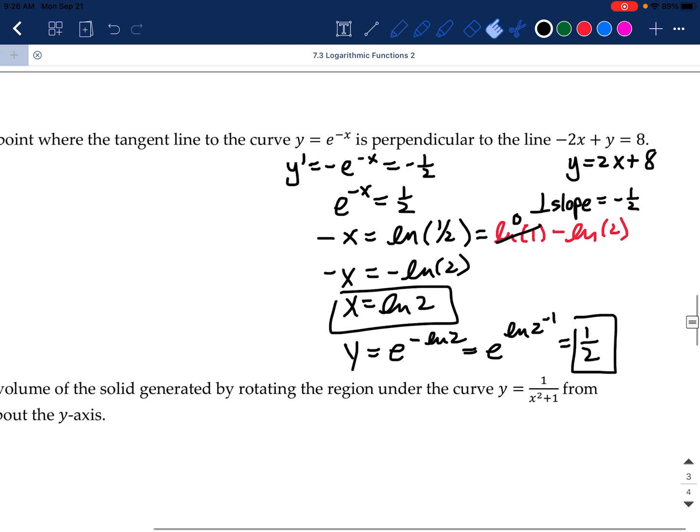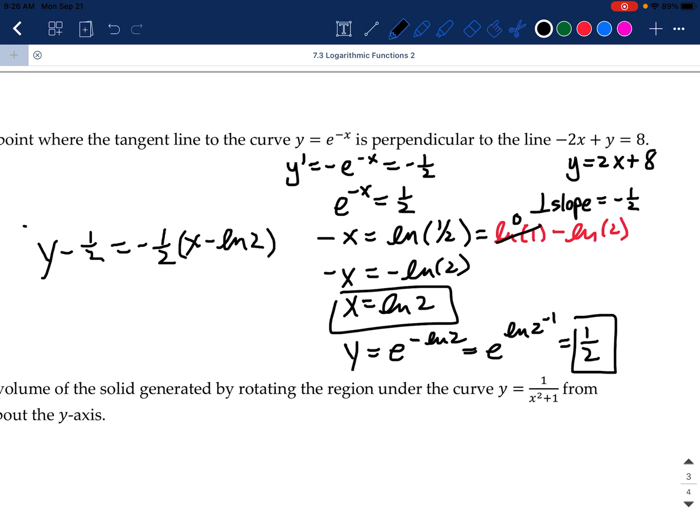So then our tangent line is going to be y minus 1/2 equals negative 1/2 times x minus the natural log of 2. And then we can multiply that out if we wanted to.